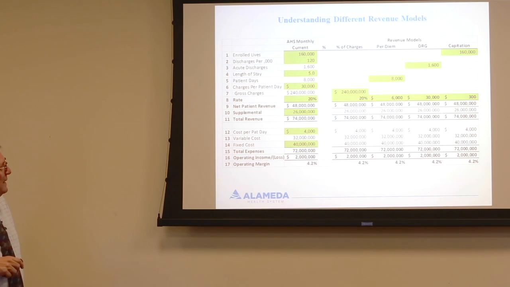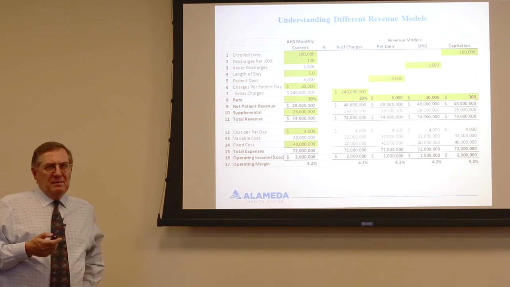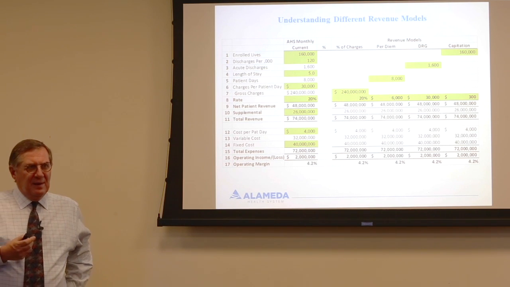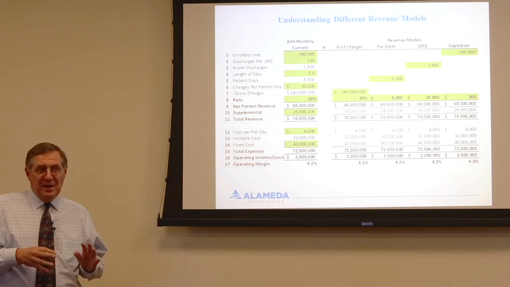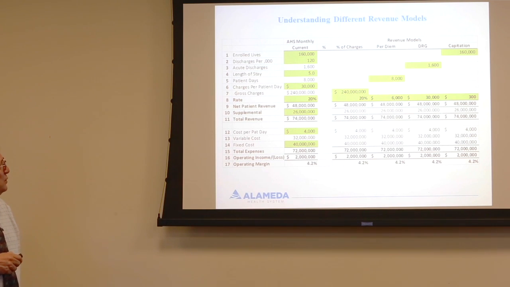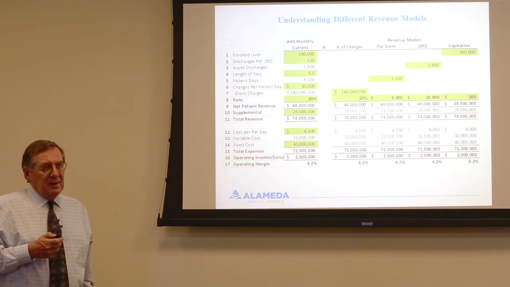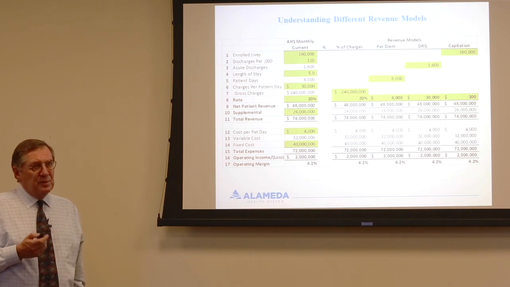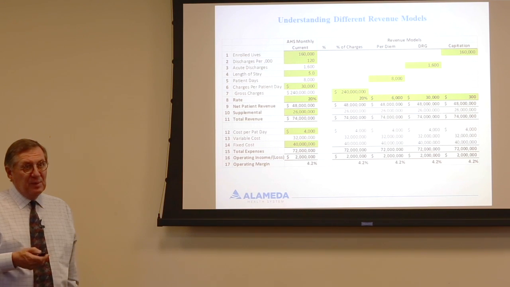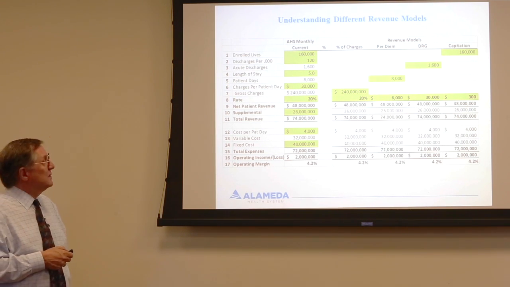And then I said, well, about how many people, if we were capitated, how many people would that be? Okay, and we're not actually capitated, so I had to make an estimate. So I said, well, what if what's called the use rate was about 120 admissions per 1,000 people every year? Okay? How many people would that be? And it works out to 160,000.